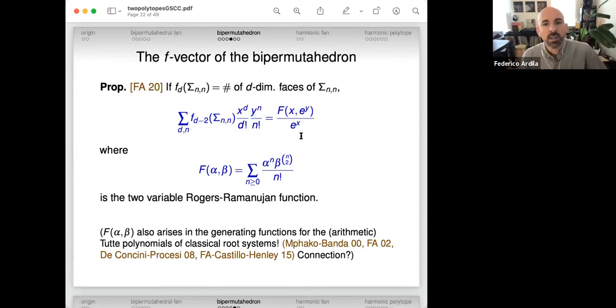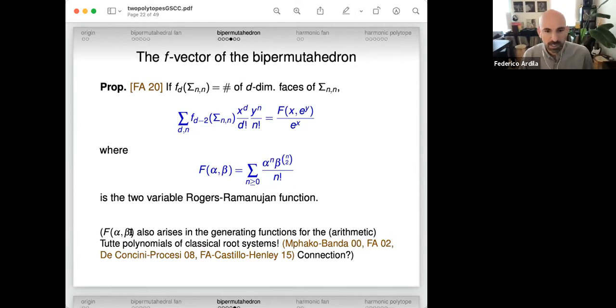And the theorem is that it's actually this very simple generating function. It's a very simple transformation of something called the 2-variable Rogers-Ramanujan function. And this 2-variable Rogers-Ramanujan function keeps appearing in papers. And I find it very interesting that it keeps appearing in different kinds of work that I've done.